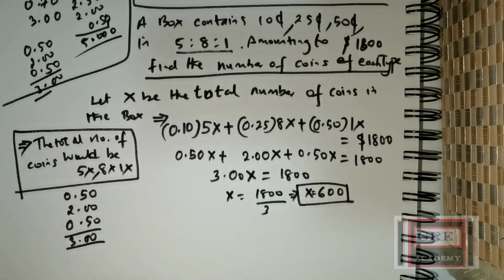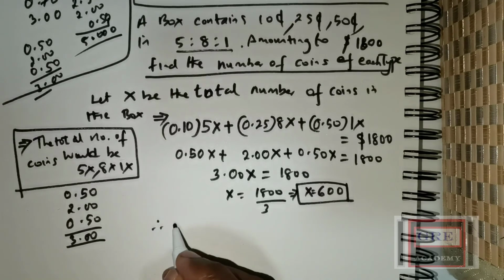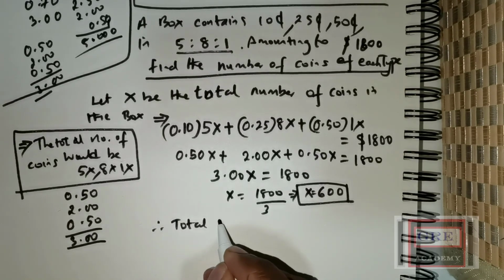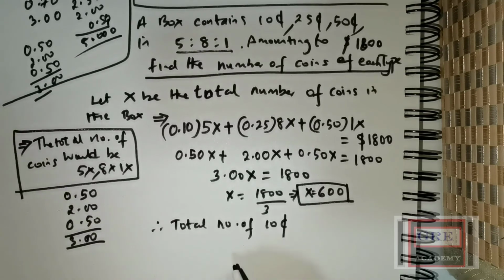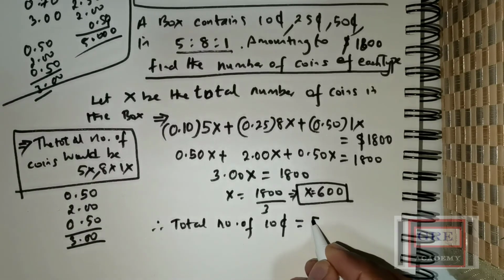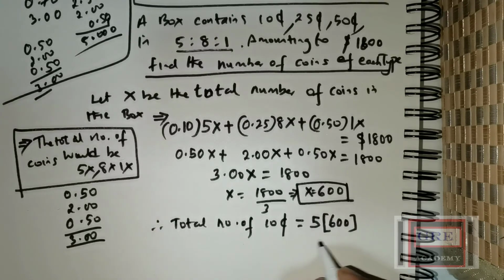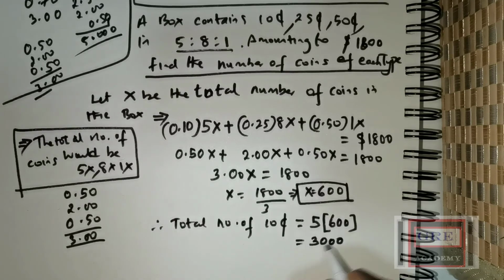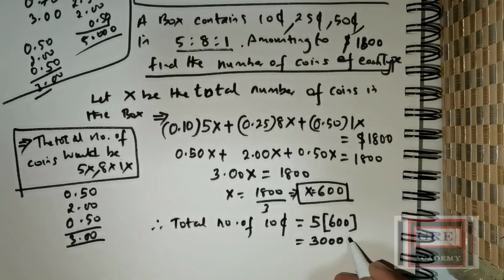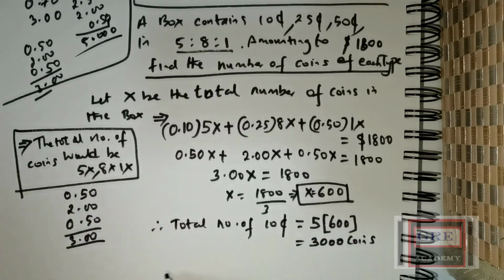Now x is equal to 600, therefore the total number of 10 cent coins will be equal to 5 multiplied with 600. So that means you got 3000 coins of 10 cents.